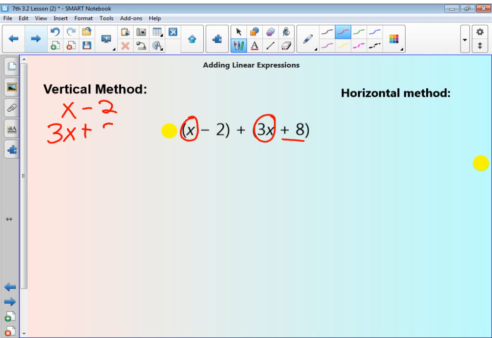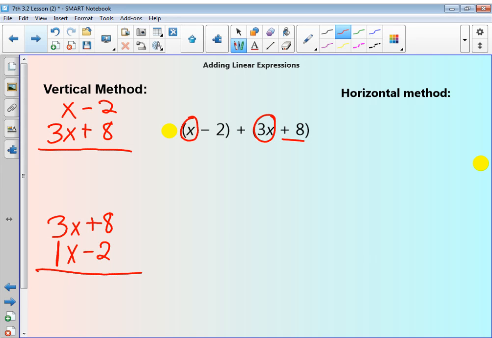Notice I put my constants right here, one under the other. Because I'm doing addition, I could also rearrange this. I could have had my 3x on top, plus 8, and my x minus 2. Now, when it's just an x, you have to infer that that's really a 1 in front of that. If that makes it easier for you to look at, then you can go ahead and do that.